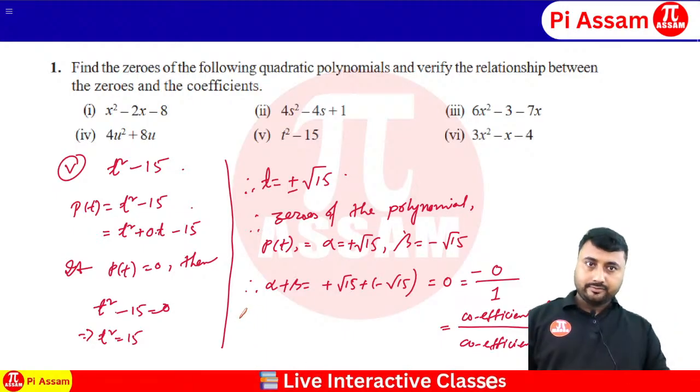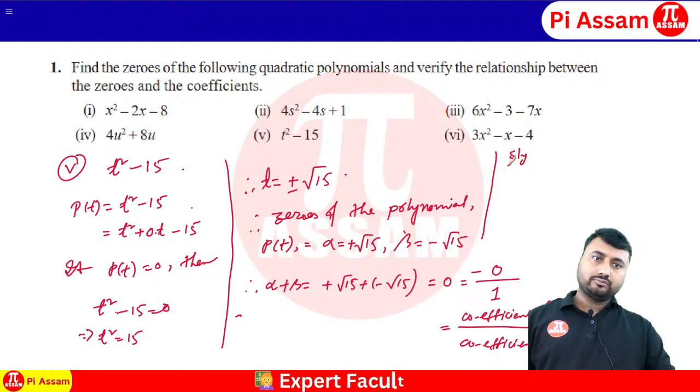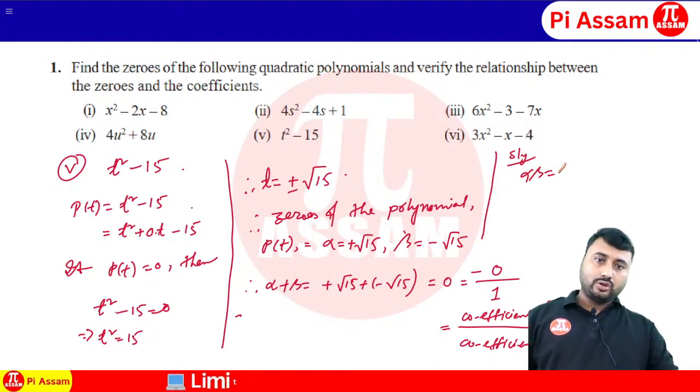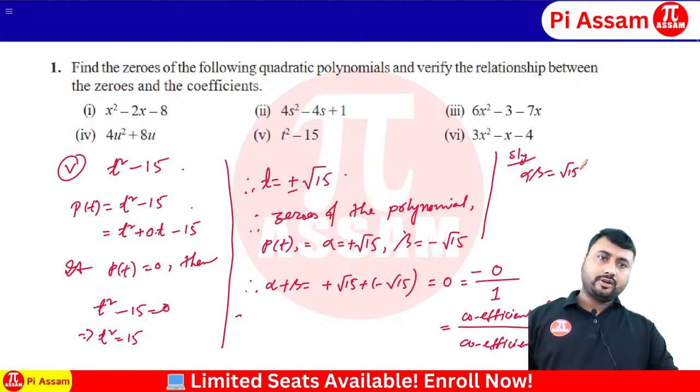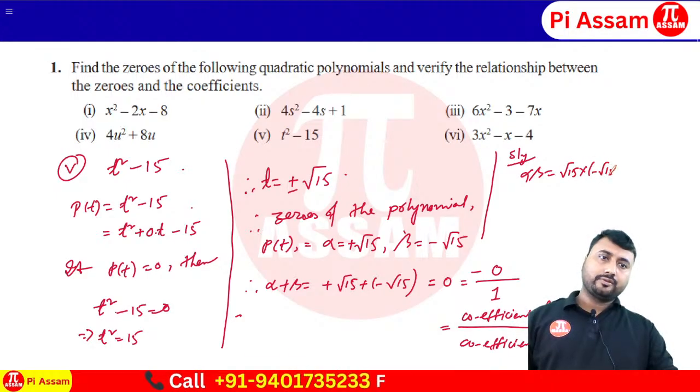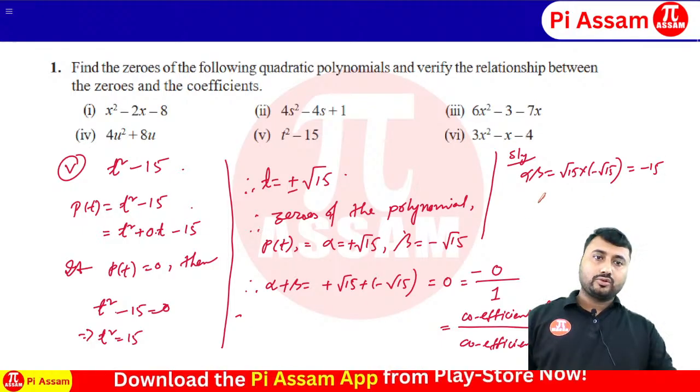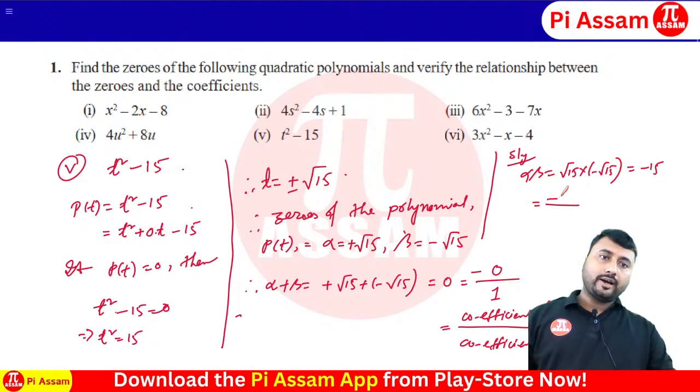And similarly, alpha into beta is equal to root over 15 into minus root over 15, which is equal to minus 15. So which is equal to minus 15 by 1.